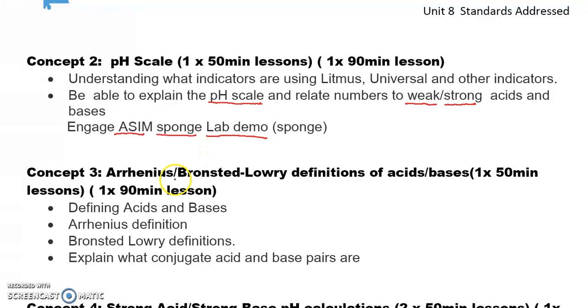Concept 3, Arrhenius acid bases and Bronsted-Lowry definitions. Again, this may take a little bit more time, but be sure to clearly explain the definitions of acids and bases, and also the Arrhenius definitions, and be clear to understand what conjugates are and what the conjugate acid-base pairs are.